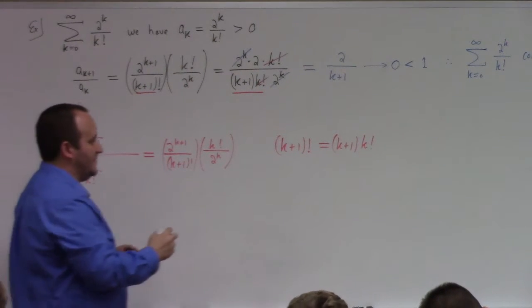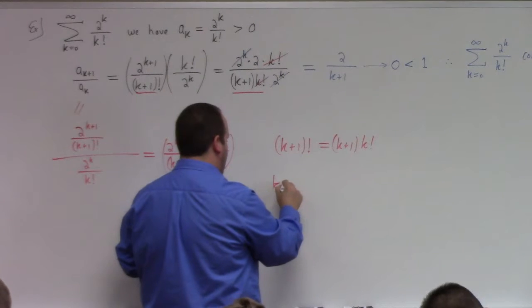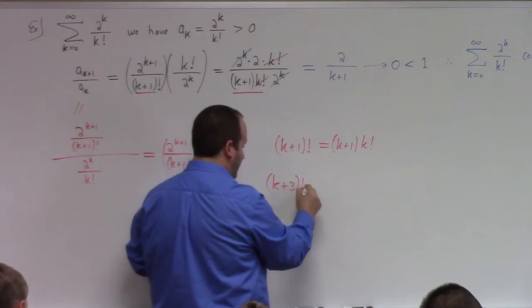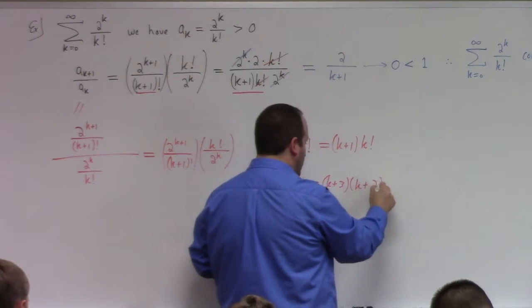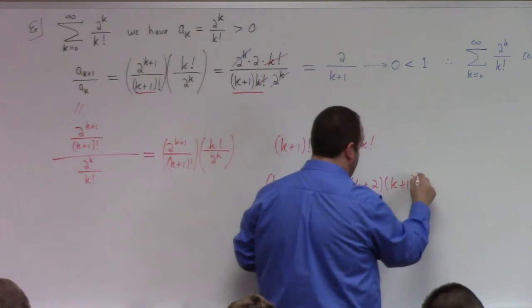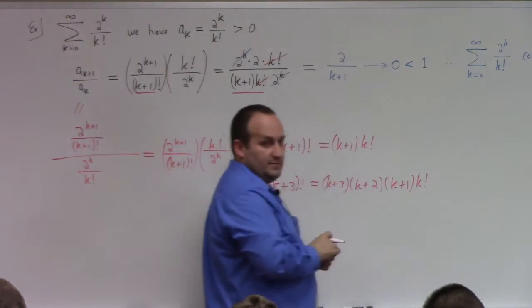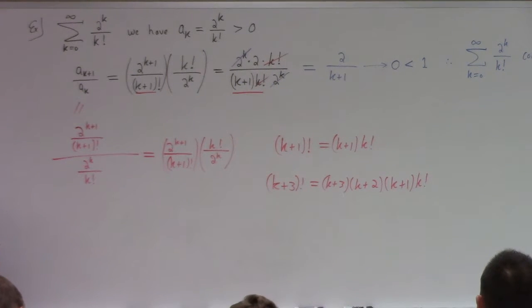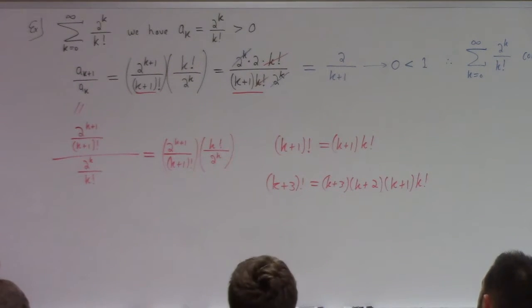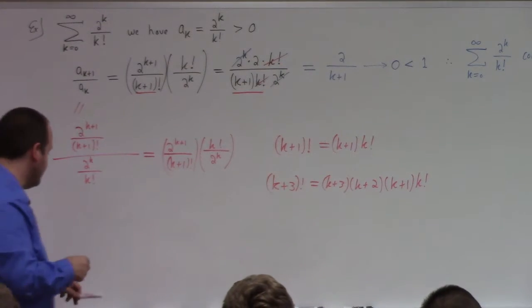If I had, for example, k plus 3 factorial, I could simplify this to k plus 3 times k plus 2 times k plus 1 times k factorial. As another example of this sort of algebra. These are games we can play. We may or may not need to play that game, but that's an identity which is known for the factorial, yeah.